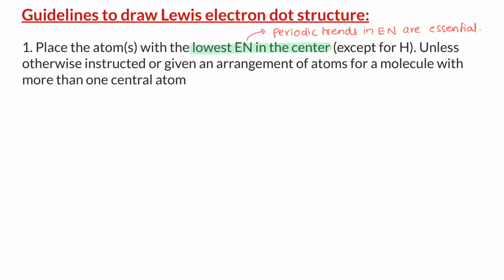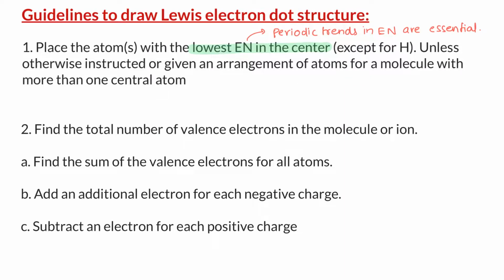Guideline number 2. Find the total number of valence electrons in the molecule or ion given. The way we do it is, find the sum of the valence electrons of all the atoms, and if there is a negative charge on the ion, you add one electron, and if there is a positive charge on the ion, you subtract an electron.